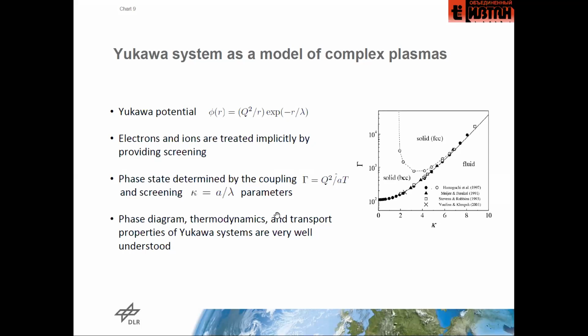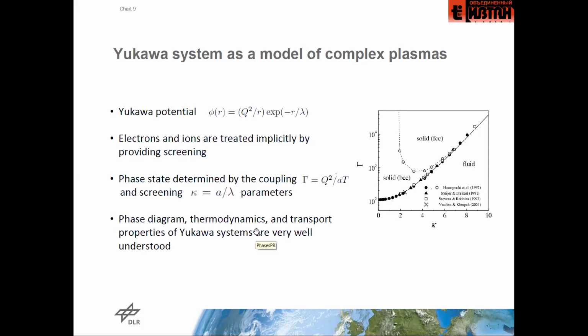The phase state and all the properties of Yukawa systems are determined by two dimensionless parameters: the Gamma parameter, which is basically the ratio of the interparticle interaction energy to the system temperature or kinetic energy, and the screening parameter, which is the ratio of the interparticle distance to the screening length.